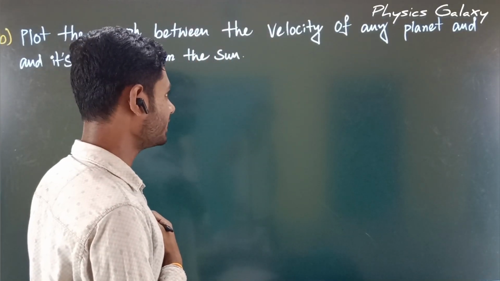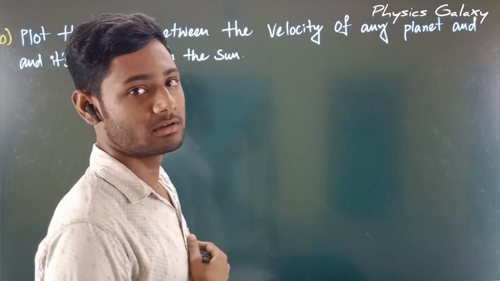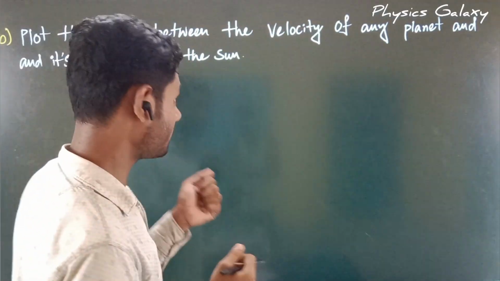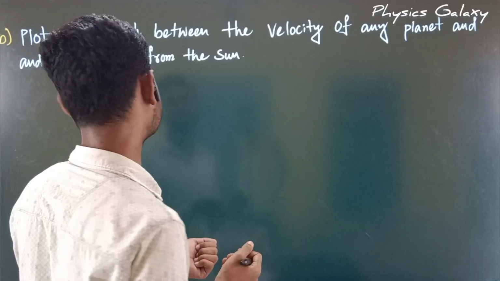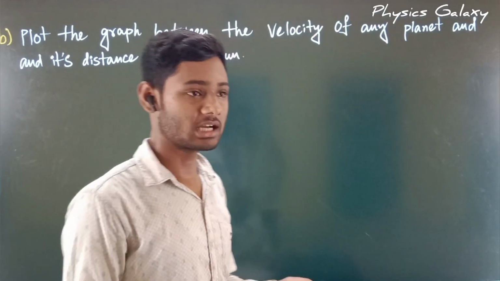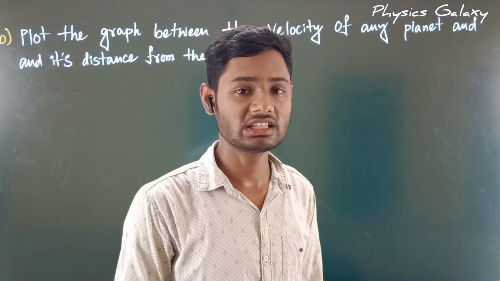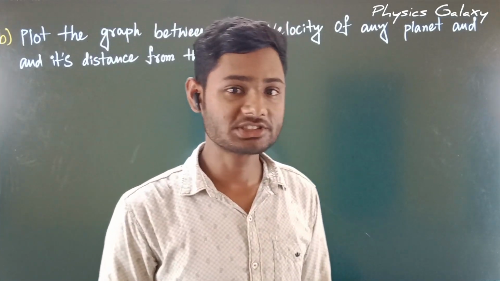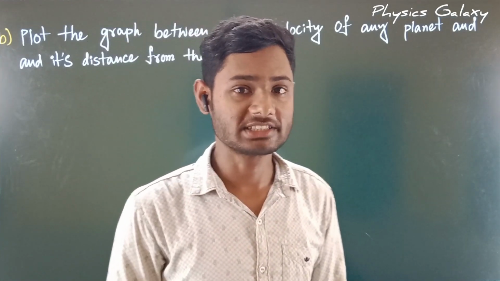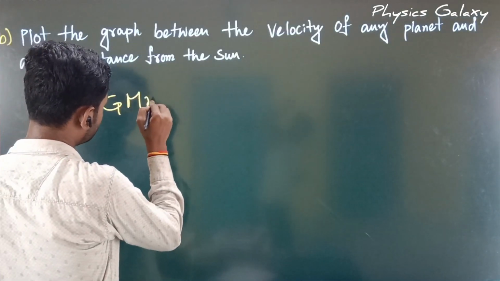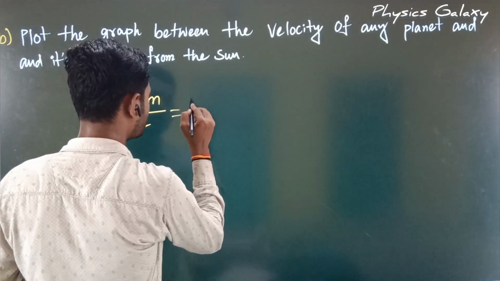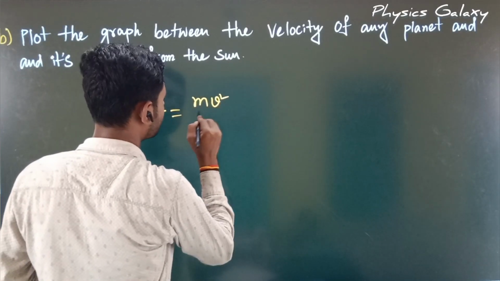We have already derived the expression for the velocity of any planet and its distance from the sun, from the concept where the gravitational force provides the centripetal force, that G M m by r square is equal to m v square by r.